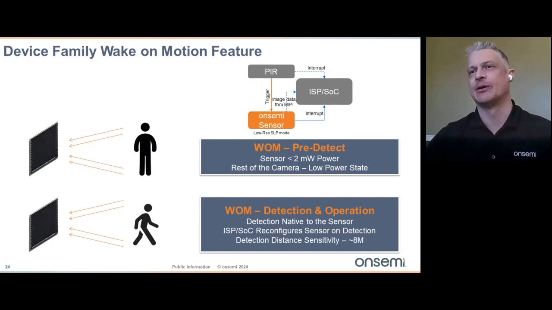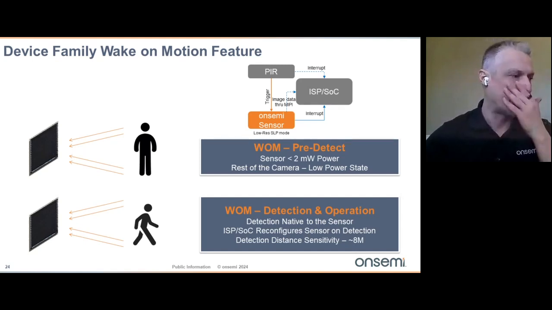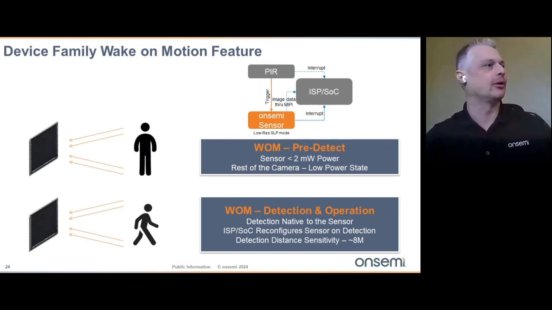So a classic case here: think about your doorbell camera. Your doorbell camera detects motion, turns on, and alerts a user, saying, hey, I've detected motion. I'm going to start imaging, and it streams an image to the person who's looking at it. That's one case. Another case could be a sentry mode on a vehicle.